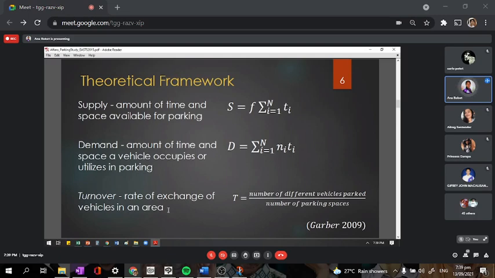Then, over time, so naay daghan kay unique characteristics na vehicle na nag-park sa isa ka ID number parking space 10. So therefore, unique ang iyang turnover and therefore, makaingon ka nga highly optimized in terms of usage to a certain optimum number of space. Ang inyong isa ka parking area will be utilized by everyone with respect to the exchange or the rate of exchange which is called as a turnover.